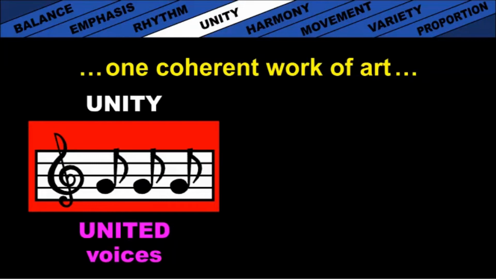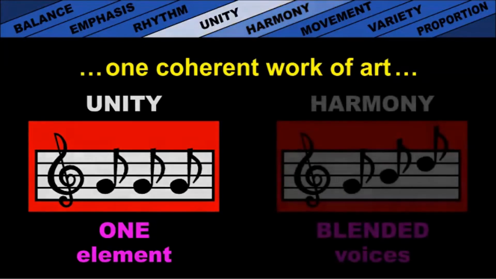All their voices are singing the same notes and the same words to give the music a coherent feeling. Likewise, artists can achieve unity by using one element throughout a work of art. For example, an artist could use one smooth texture throughout a painting to create a coherent feeling.